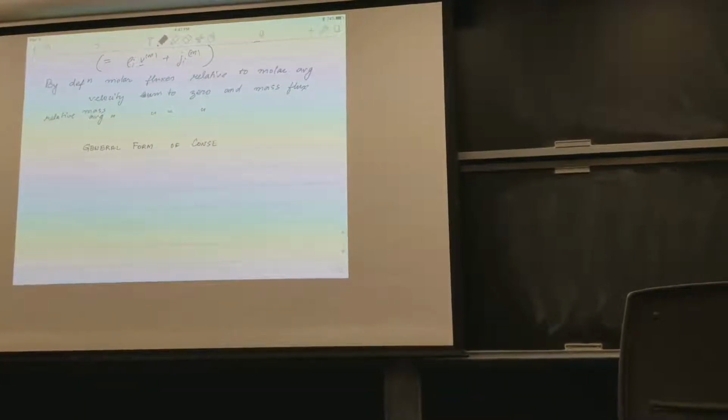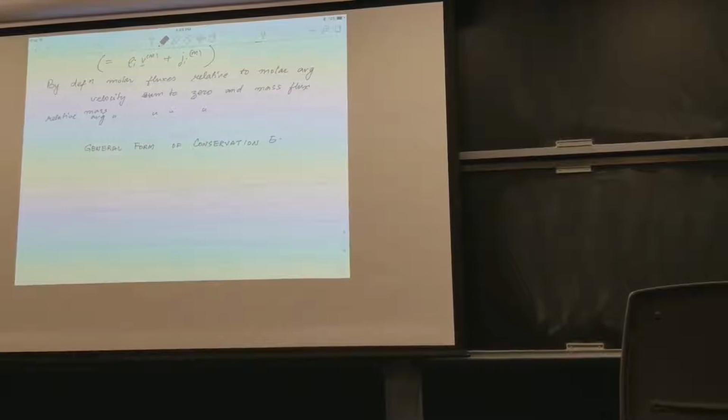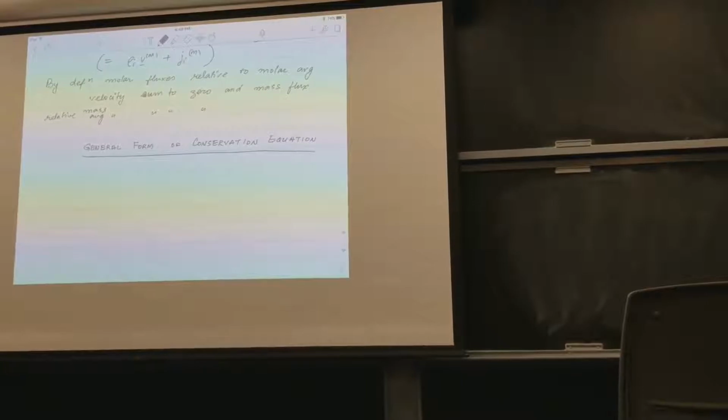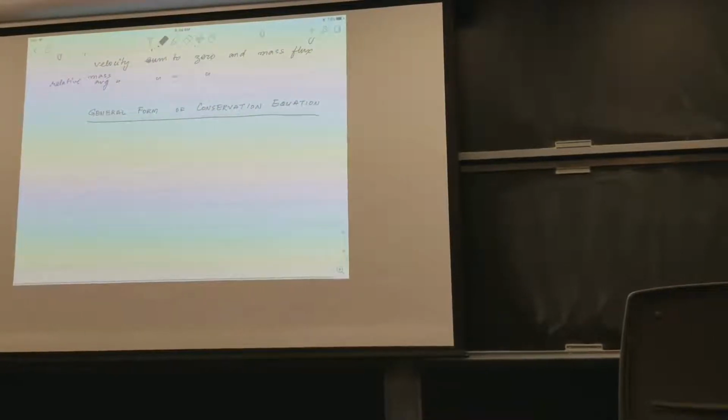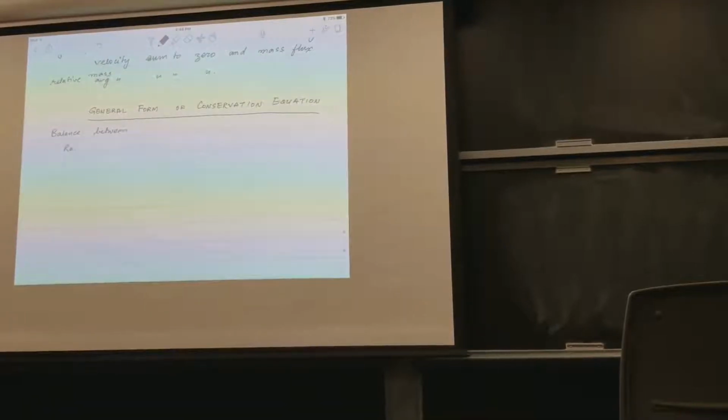We need three ingredients to solve any problem in transport phenomena: constitutive relationships, conservation equations, and an understanding of what happens at interfaces and boundaries. When we write a general form of conservation equation, the idea is that it's going to be a balance between rates of accumulation, rates of transport, and rates of formation.